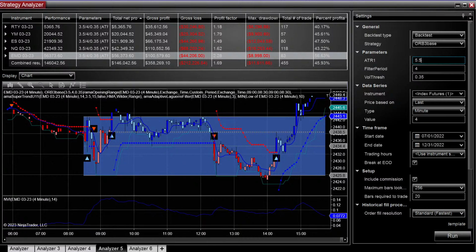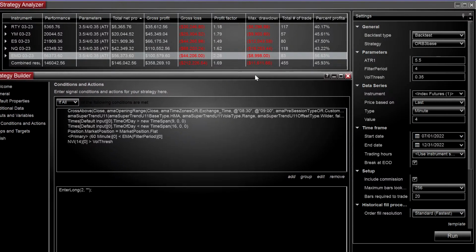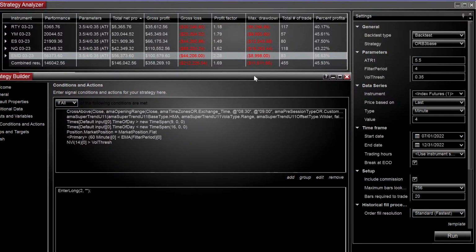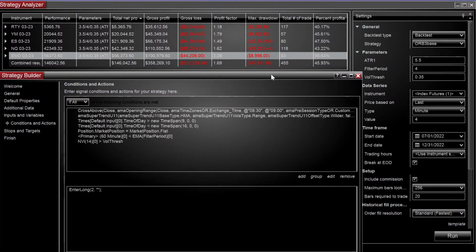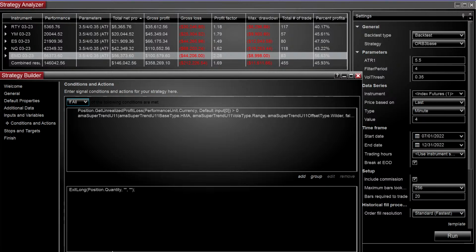ATR is 5.5. And so right now as it stands, obviously, Laguerre crosses beneath the midline. So this is only when we enter our trade and the volatility is exceptionally high.